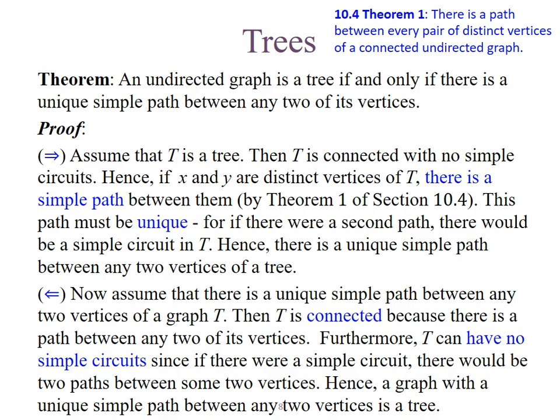Okay, next let's see a theorem about trees. An undirected graph is a tree if and only if there is a unique simple path between any two of its vertices. That means if you can discover a simple path between any two vertices, this is a connected graph, right?